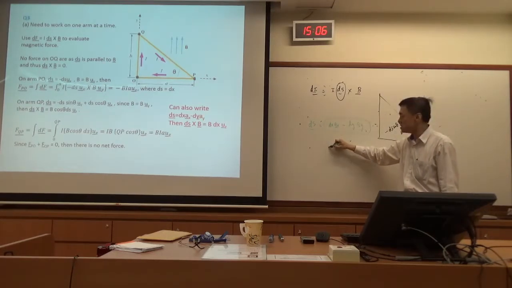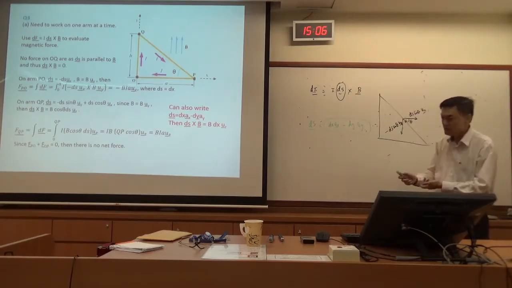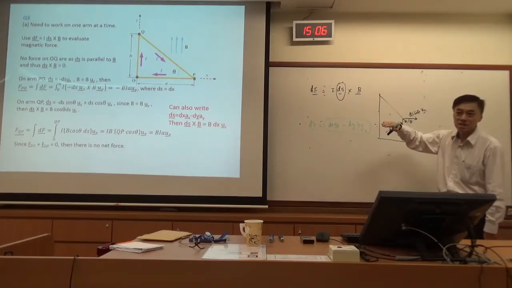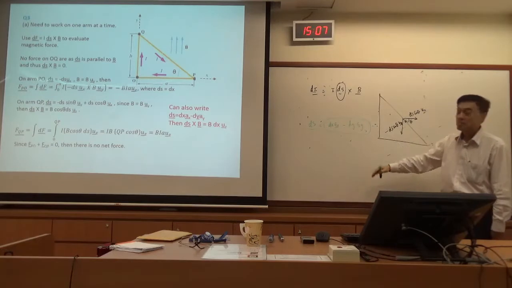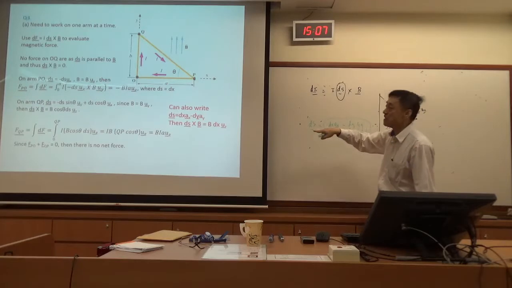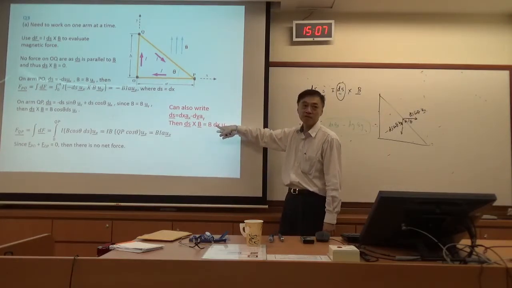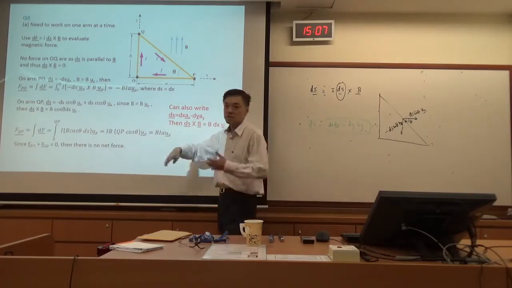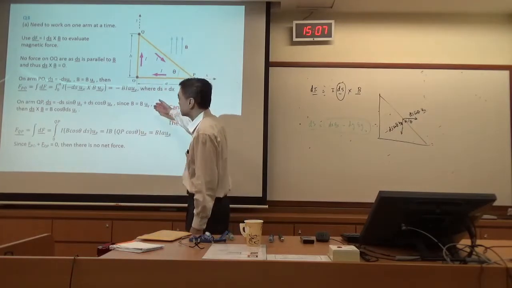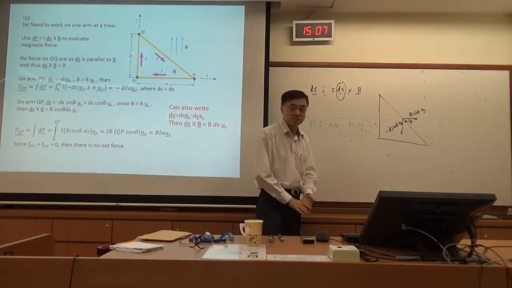Because remember, an elementary distance in the x direction is dx ax, and an elementary length in the y direction is dy ay. But this one is just pointing downward, so it's just like this. If you write this, then ds cross B immediately gives you B dx uz, and then you integrate. That's it. You don't have to do it in such a messy way. So you can actually do it in the general terms.